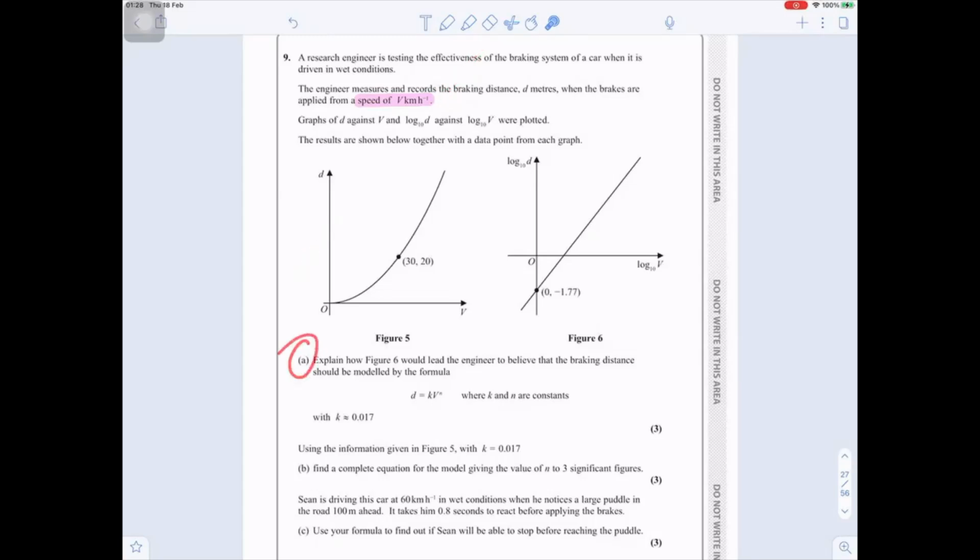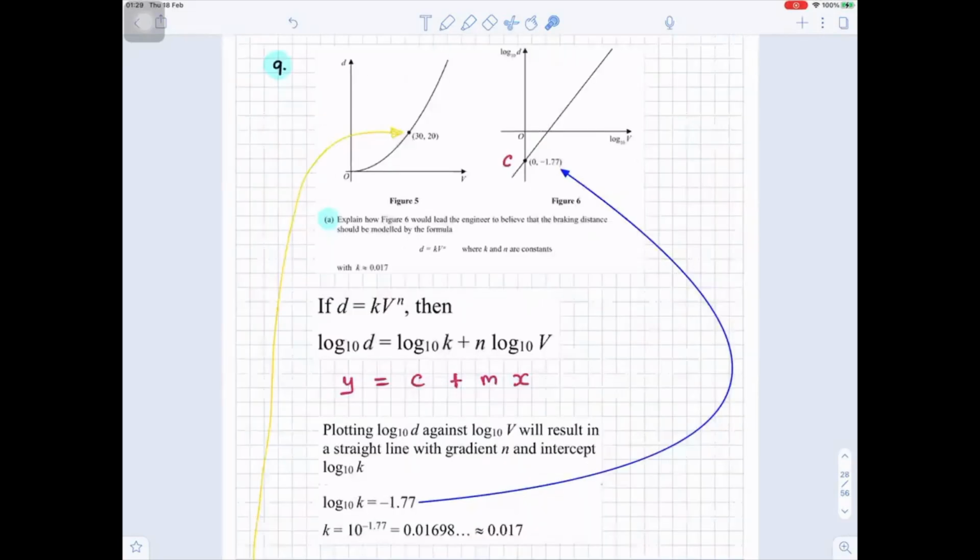Part A, explain how figure 6 would lead the engineer to believe that the braking distance should be modeled by the formula d = kv^n, where k and n are constants and k is approximately 0.017. So the way you do it, you take logs on both sides.